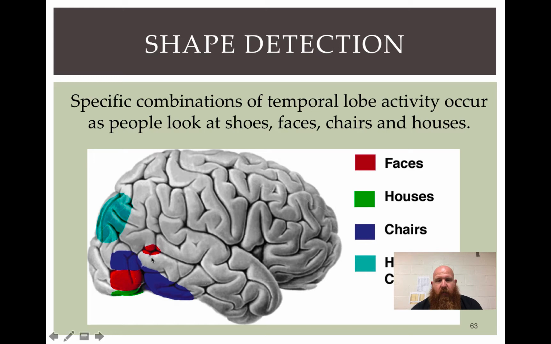And this is what they've mapped. This is just a small portion of what they mapped, but there are 2 parts of the brain that fire when we're thinking about faces. There's another part of the brain that fires when we see a house, when we see chairs, when we see houses and chairs. So there are different parts of the brain that fire when you're dealing with different types of features.